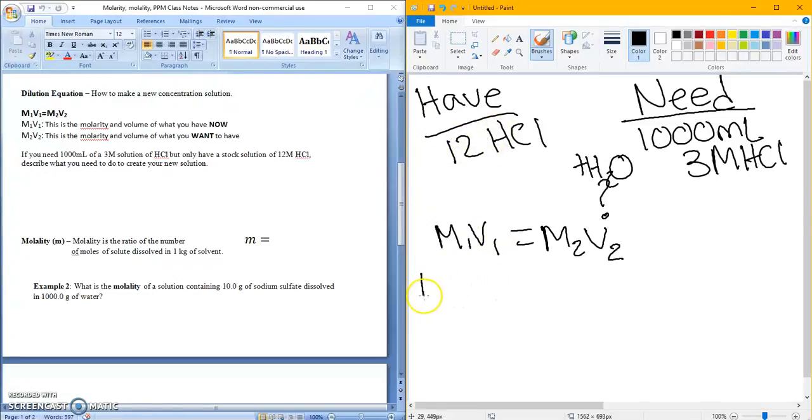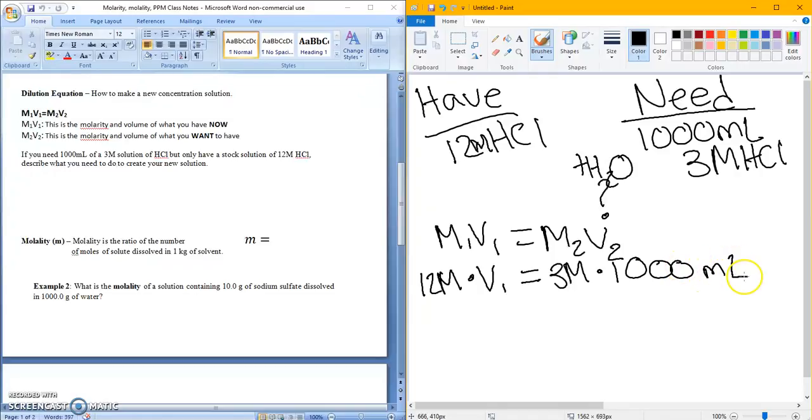So it's talking about my 12 molar HCl times the volume of my acid, which I don't know. I don't know how much acid I need to put in. So I'm going to leave that as my variable. And then I need 3 molar HCl times 1,000 milliliters.